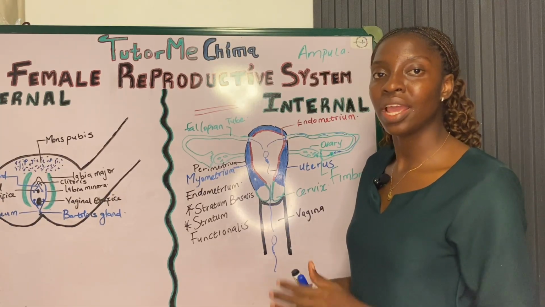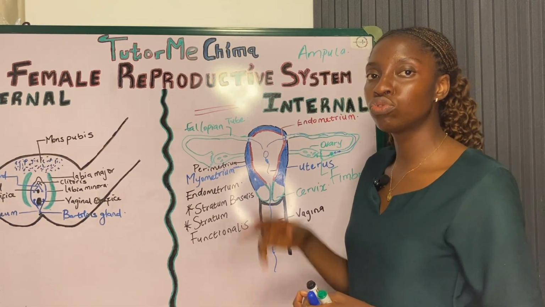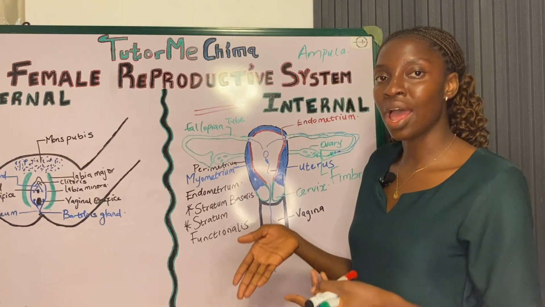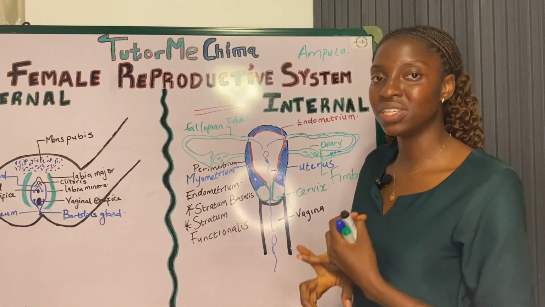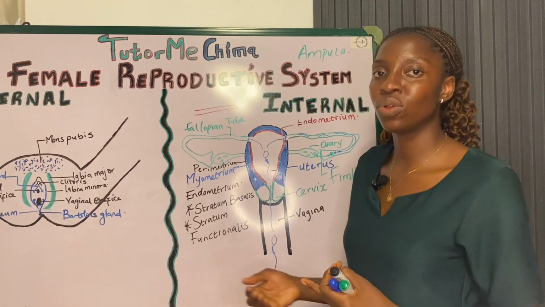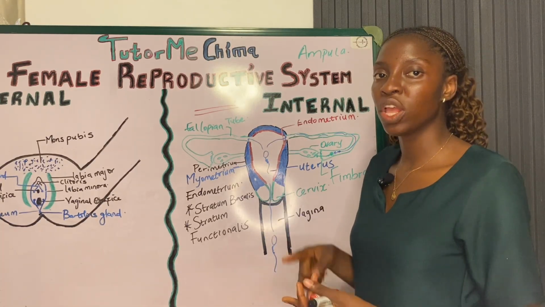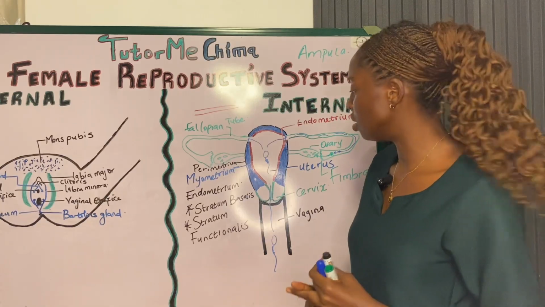And I now said that the endometrium is divided into 2 layers. I told you that the layer that is located beneath is called the stratum basalis, while the layer that is located on top and is actually the layer being shed during menstruation is called the stratum functionalis.